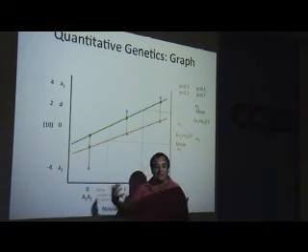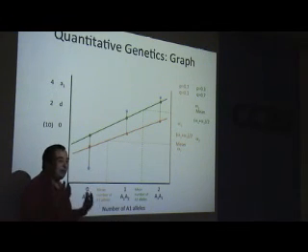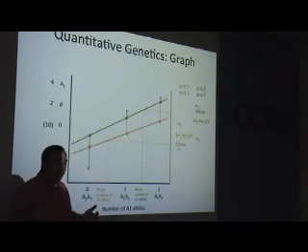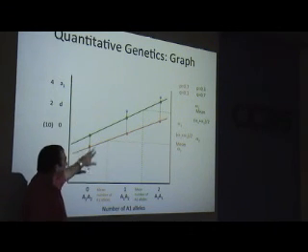So yes, that's the beauty of regression, is it divides everything into independent components. And the horror of regression is that it's a function of the genotype and the population.